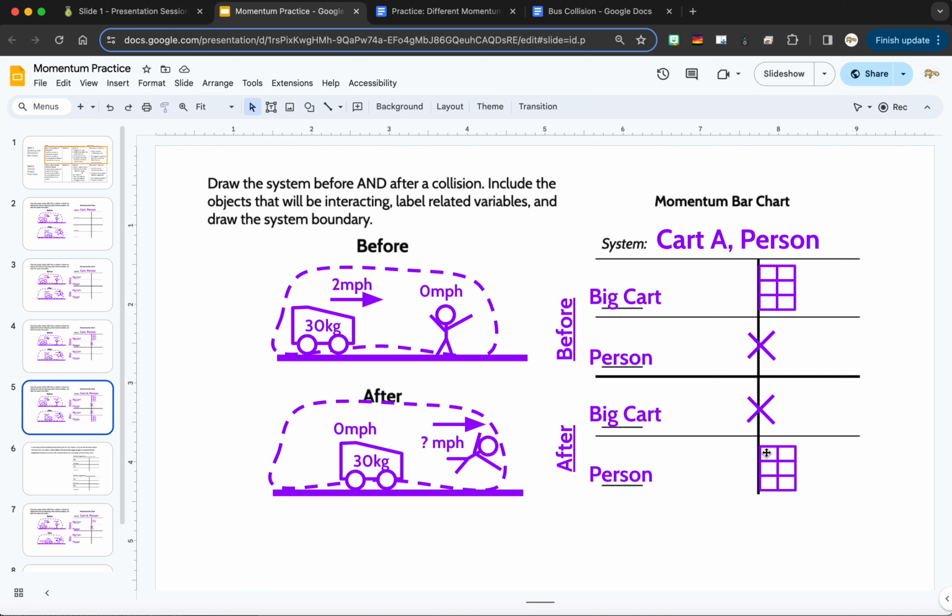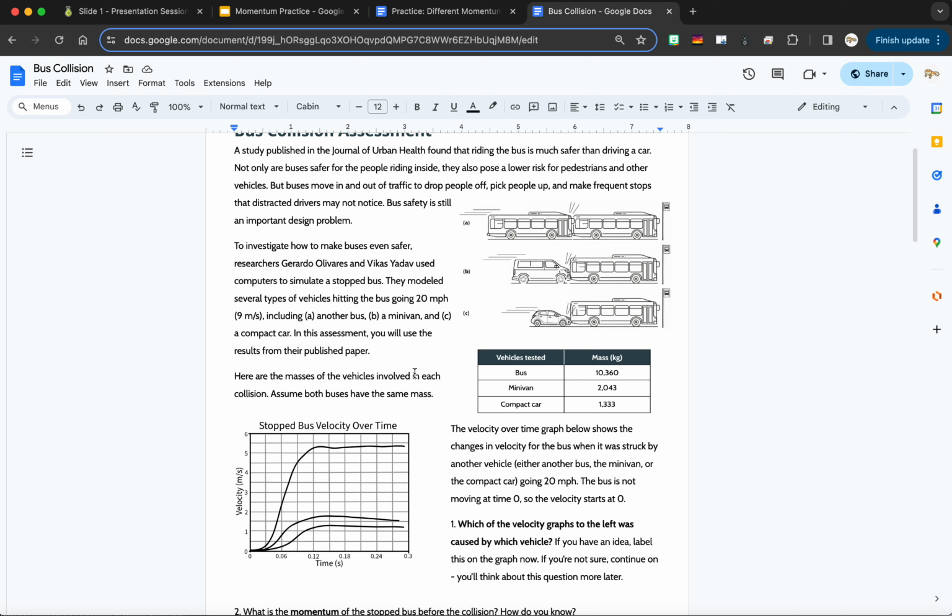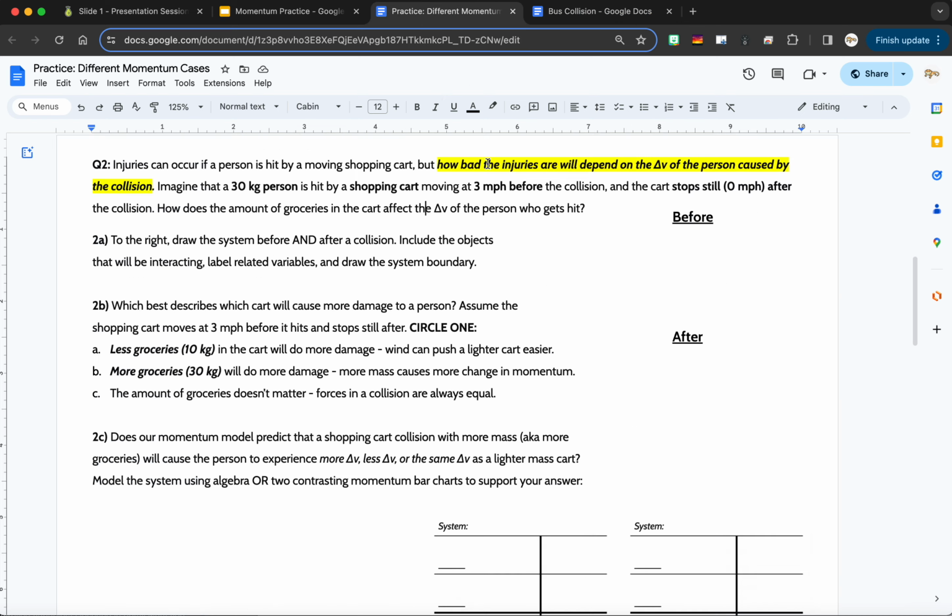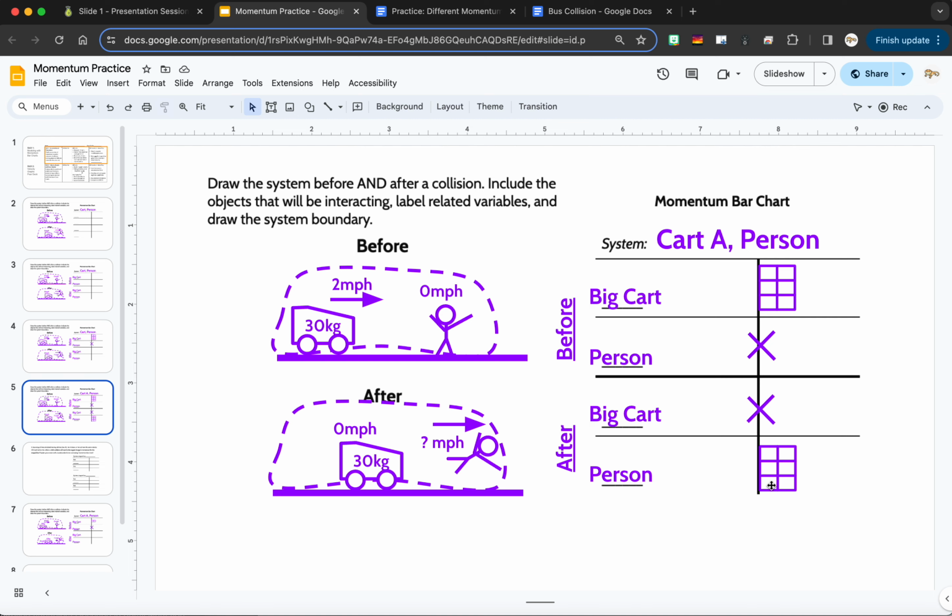Now, this is related to the injuries, because if this person ends up with a lot of momentum, that means they're probably going to get hurt, especially if it happens really quickly.